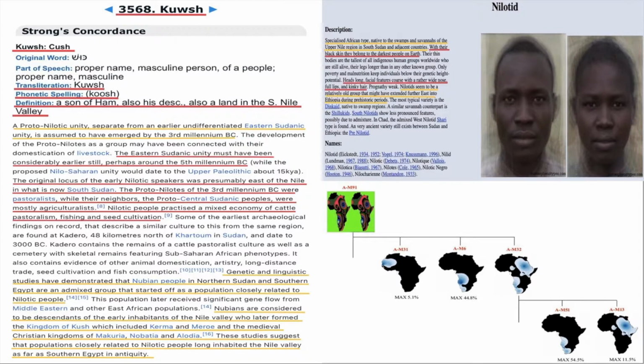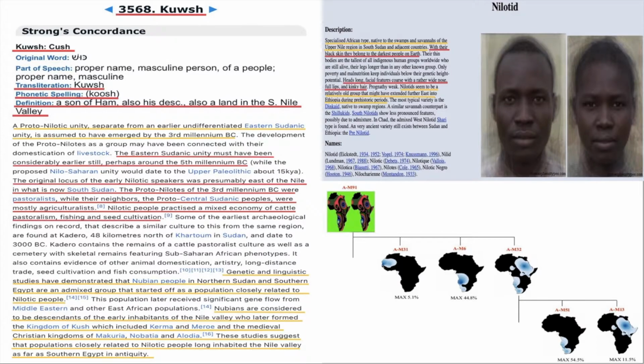The Eastern Sudanic unity must have been considerably earlier still, perhaps around the 5th millennium BC. The original locus of the early Nilotic speakers was presumably east of the Nile in what is now South Sudan. The Proto-Nilots of the 3rd millennium BC were pastoralists, while their neighbors, the Proto-Central Sudanic peoples, were mostly agriculturalists.